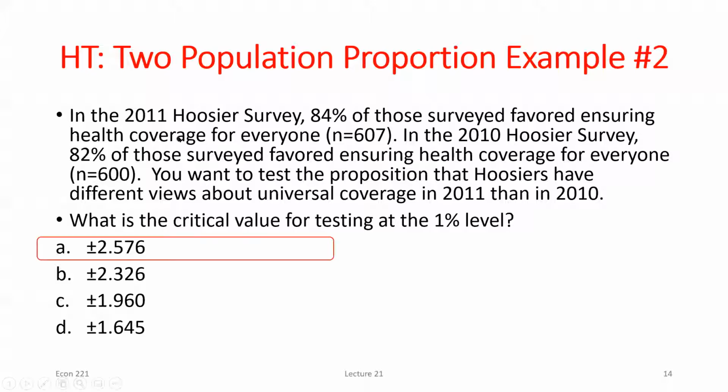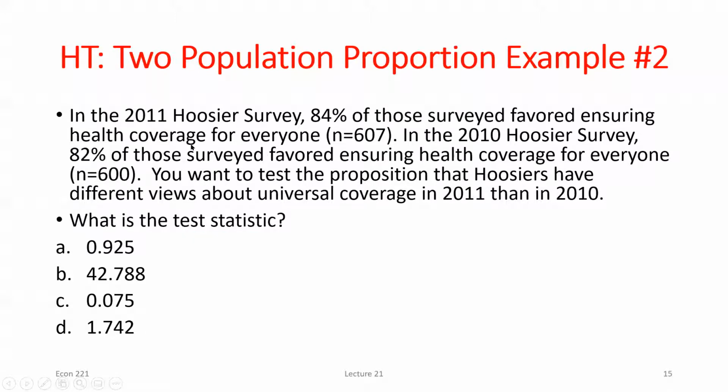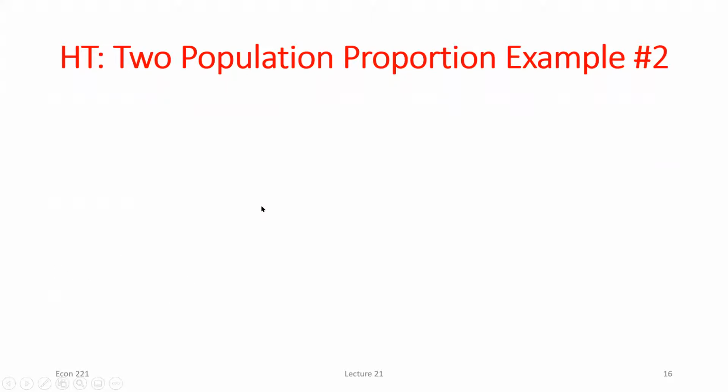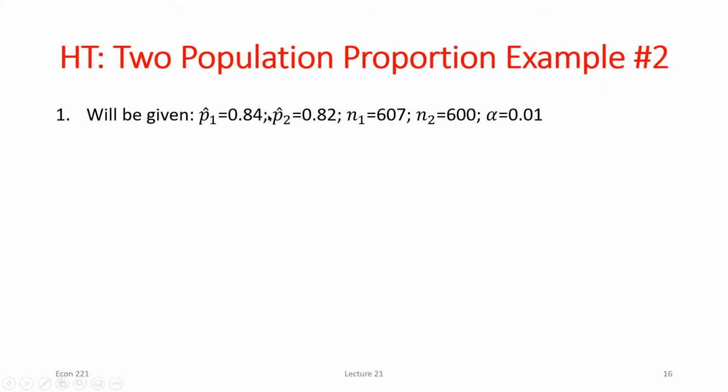So the next thing I need is my test statistic. Now, I found a sample difference that's positive. So that should tell me I'm a certain number of standard deviations above the assumed true difference, because the assumed true difference is 0. So I should have a positive test statistic. But really at this point, it's just a matter of plugging the values in. We identify the two sample proportions and the two sample sizes.